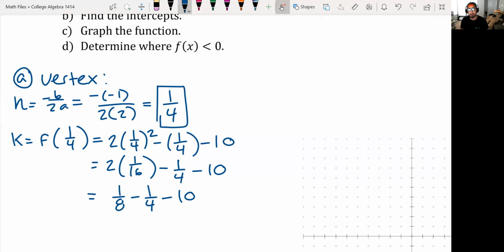And then I want to put all these together. So I'm going to put 10 over 1 and get a common denominator of 8. So this will be multiplied by 8 over 8, and this one will be multiplied by 2 over 2.